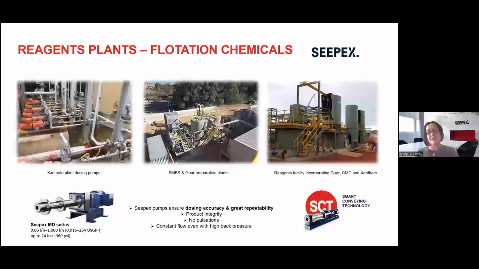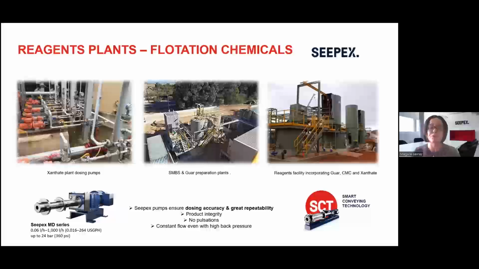Another application famous for progressive cavity pumps is flotation circuits. We're going to have a lot of pumps again here for the reagent preparation plant, preparing the reagents, and we will have pumps transferring and injecting those reagents wherever they are needed.